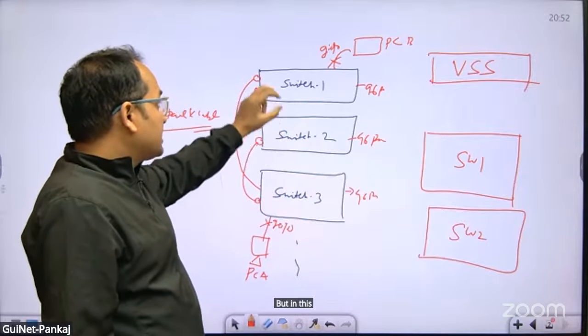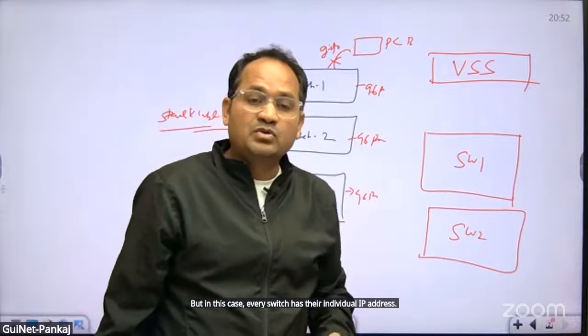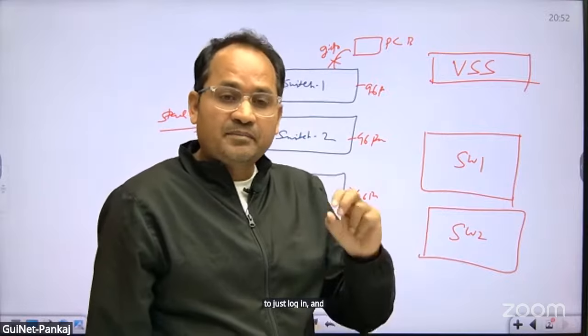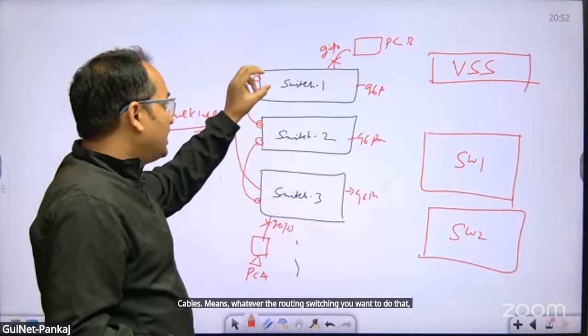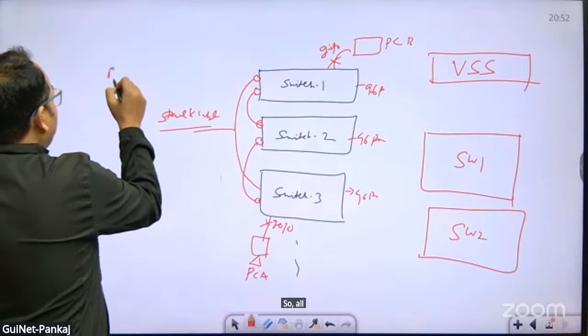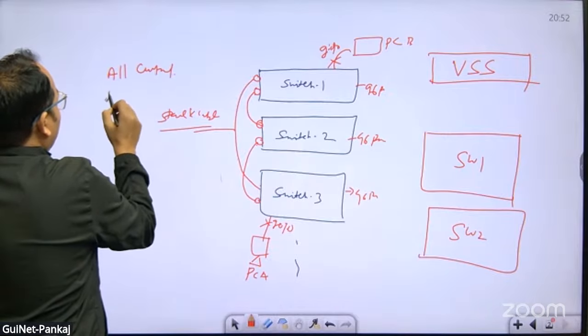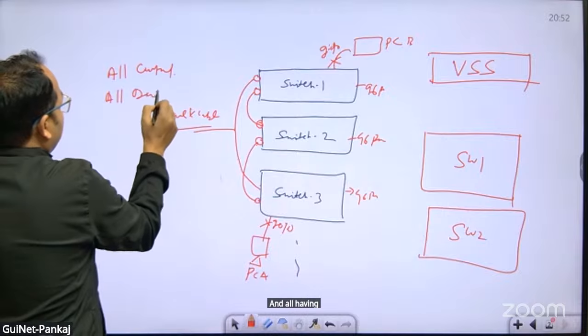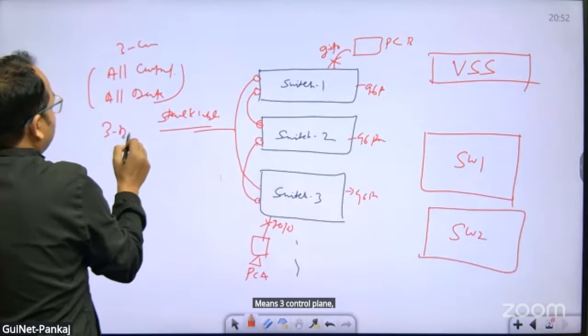But in this case, every switch has its own individual IP address to log in and manage the cables. Whatever routing or switching you want to do, each has its own. So all have a control plane and all have a data plane, meaning 3 control planes, 3 data planes.